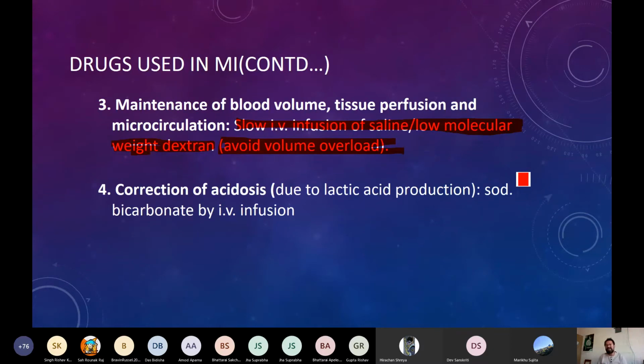And correction of acidosis. The pain here, you have learned from pathology, I think, heart pain, is because of production of lactic acid. You have experienced pain after vigorous weightlifting. Today you go to the gym and tomorrow you have severe pain in your muscles. If it is your first time, why is that happening? Because you are not used to that vigorous exercise.